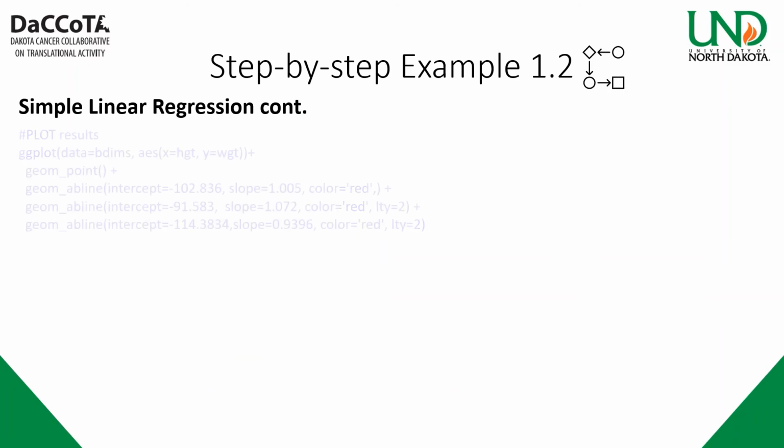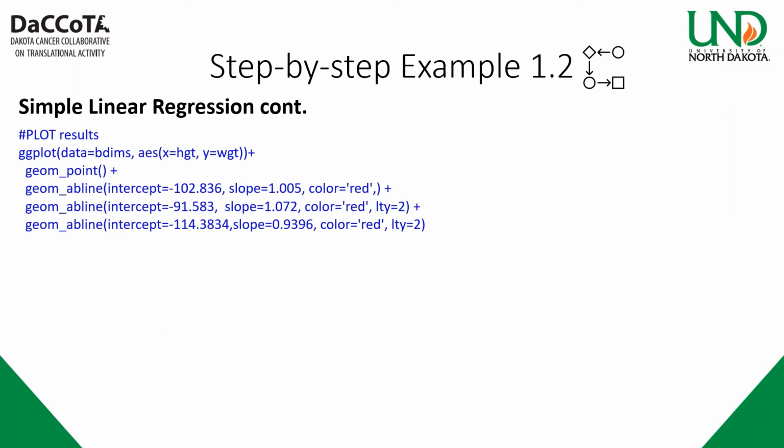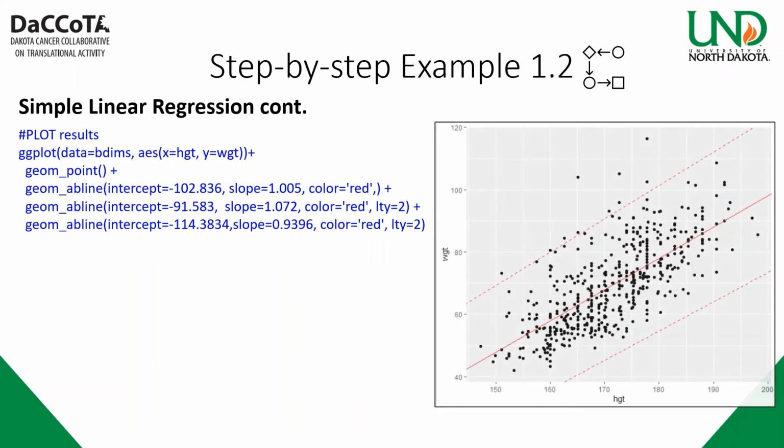And again, we can plot some results. So what we're going to do here is your ggplot, and that was our raw data, and then we're going to add lines. So I'm taking this information, this was intercept and slope, from the results of our simulation, and that's going to be our best fit line, and then our 95% intervals are also taken from there, and those are the dotted lines.